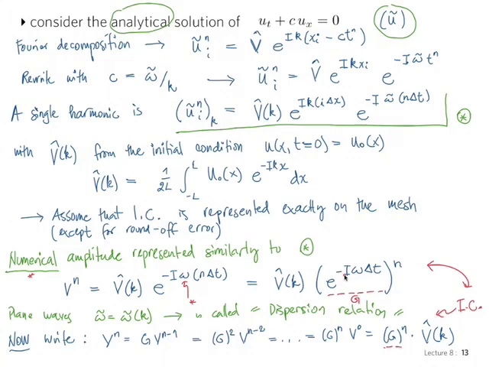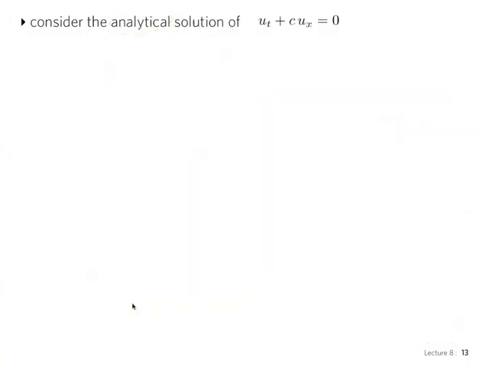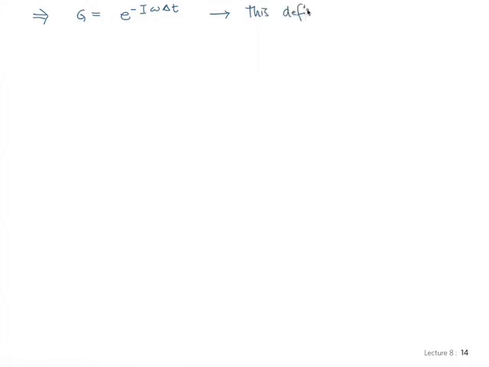And this defines our numerical omega, basically, which was kind of introduced here without knowing what it was. The numerical omega. So we have that G is equal to e to the minus I omega delta t, and this defines our numerical omega of k.